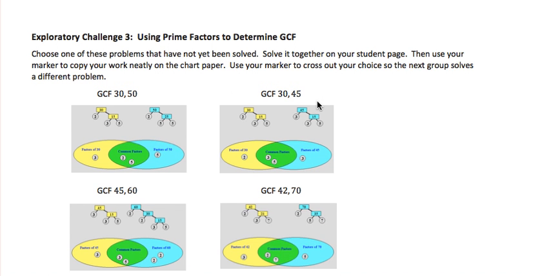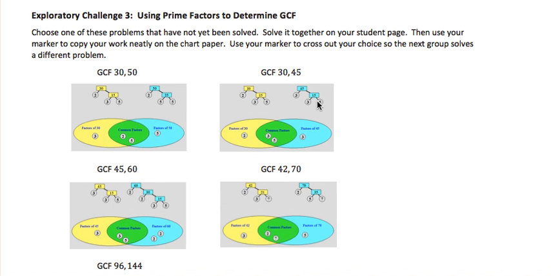Exploratory Challenge 3 is using prime factors to determine the greatest common factor. So you are going to be finding the greatest common factor, but instead of just making a factor list, you're going to do the factor tree, the prime factorization of the two numbers. Once you have done the factorization, you are going to list all of the factors for the first number on the left in a Venn diagram, and all of the factors for the second number on the right.